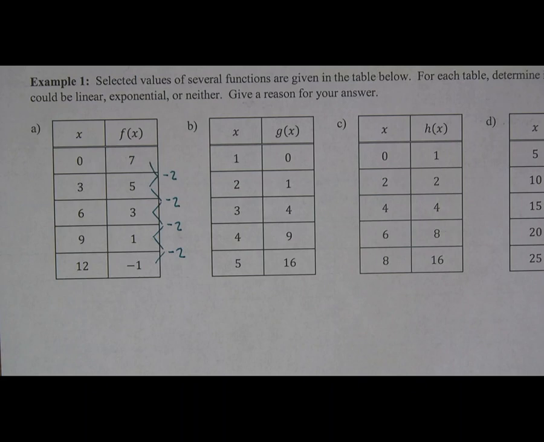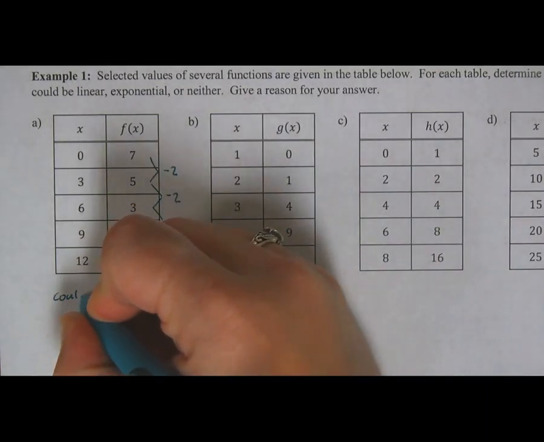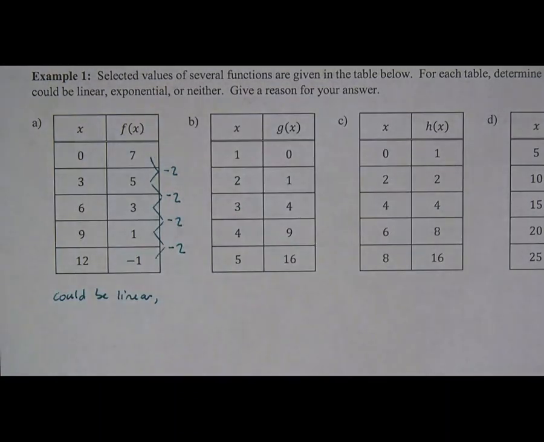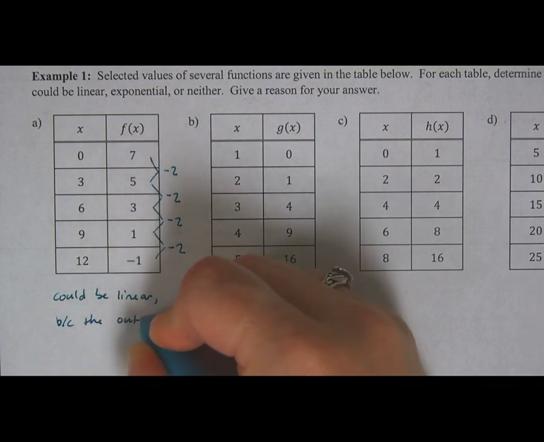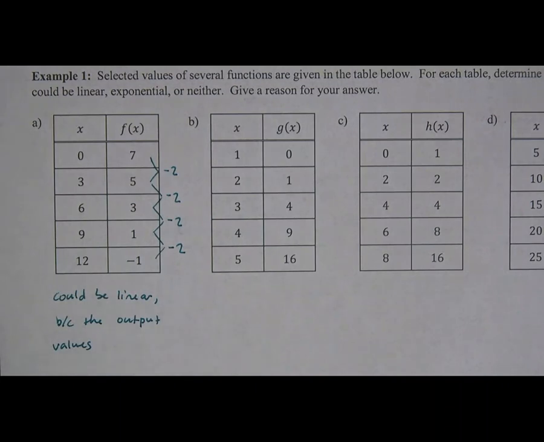Is the change in the rate constant or proportional? It's constant. Could this be linear or exponential? Linear. And here's what we're going to write. This could be linear because the output values are changing at a constant rate.